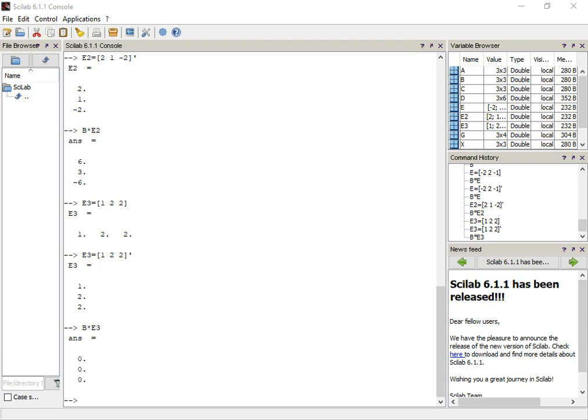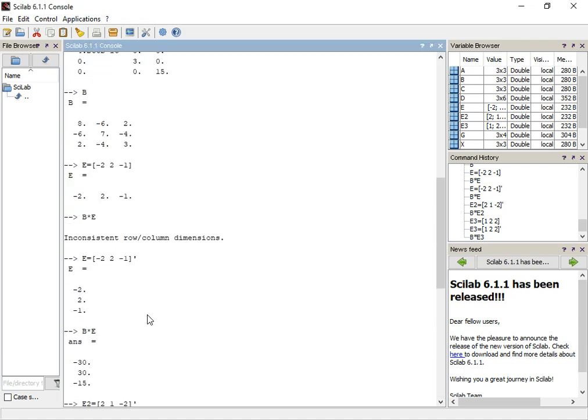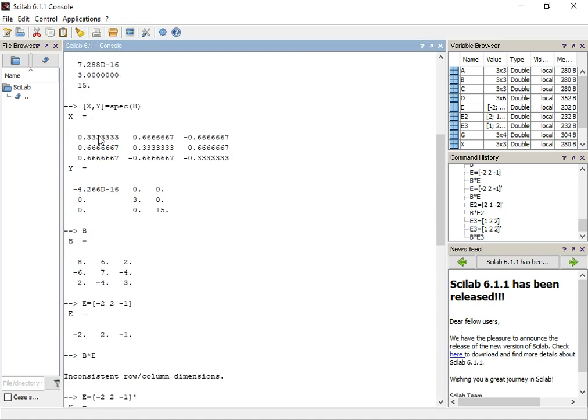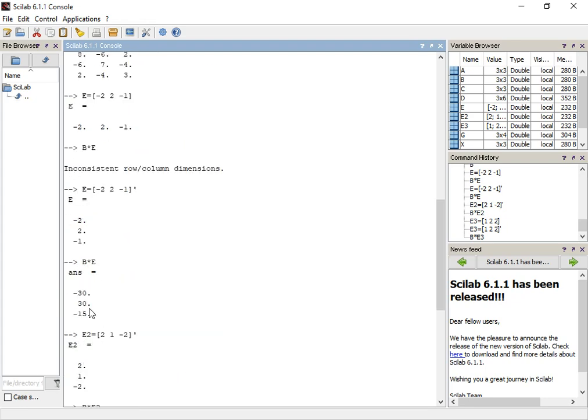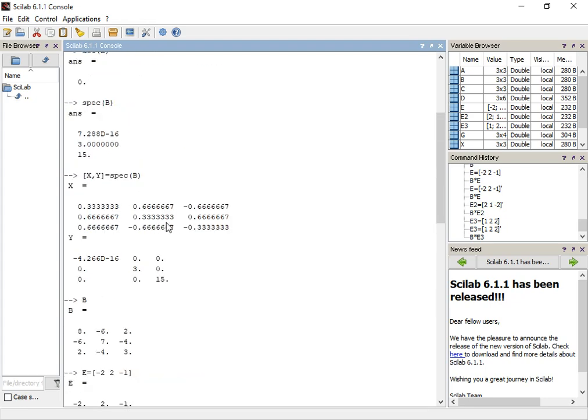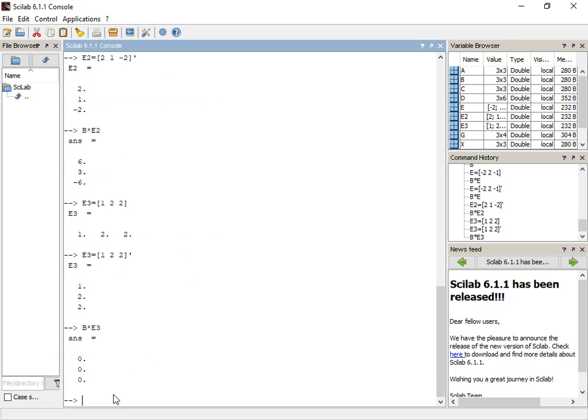Of course, here it was possible because everything was a multiple of 0.333, so I could find the exact values in this fashion. But if it is not so nice, for example, instead of B let me go for A. What happens if I find the eigenvalues and eigenvectors of A?